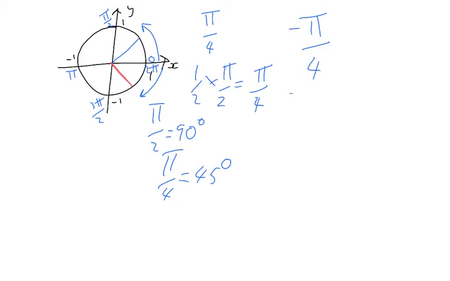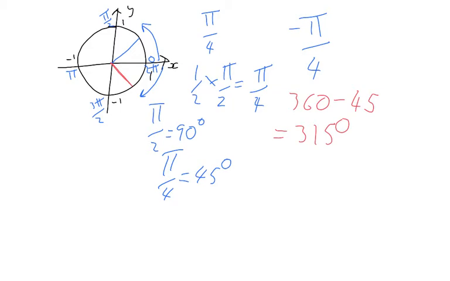It's going to be 360 take away 45 degrees. 360 take 45 is 315 degrees. So it's also important when we look at these questions, if it's got a positive sign, we go anti-clockwise. If it's got a negative sign, we go clockwise. And we have to understand what quadrant we're in as well. Okay?